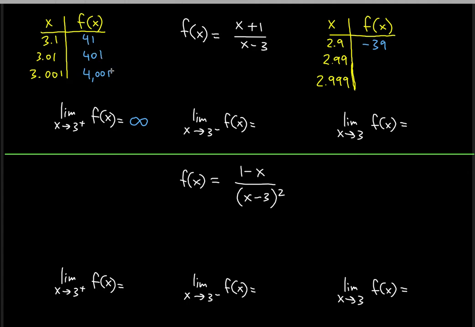And then let's plug in 2.99 plus 1 divided by 2.99 minus 3, and I'm getting negative 399. And logically we should get negative 3,999 for the third example. Go ahead and check it if you want.